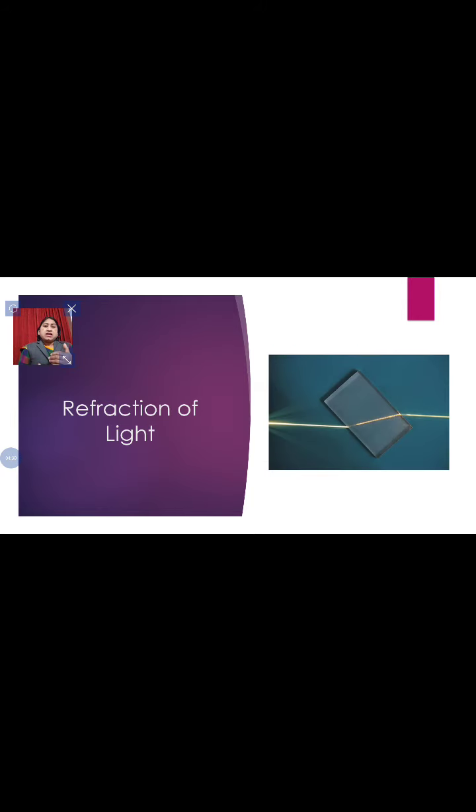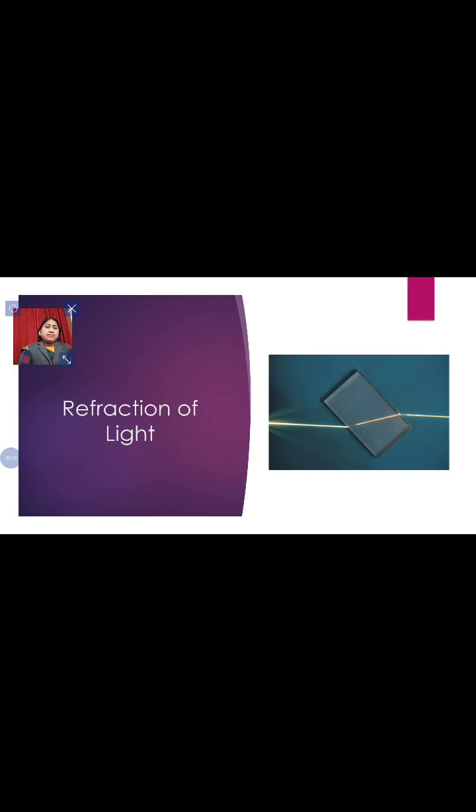But in this 10th standard we will learn about the refraction of light. Here I have given the diagram, that is a glass slab. When we enter the light into the glass slab, first of all the light is in the air medium, then light enters the glass medium, that is a denser medium, a solid medium, and after that it goes to the air medium again.